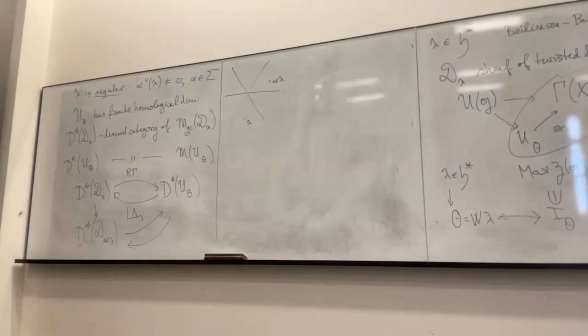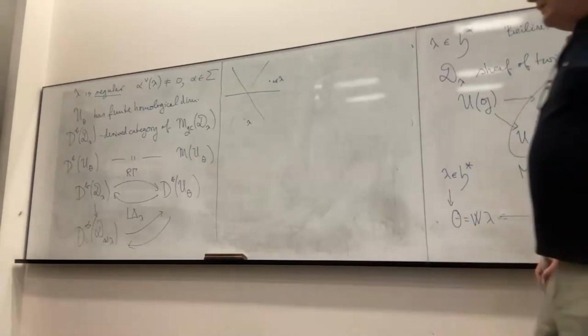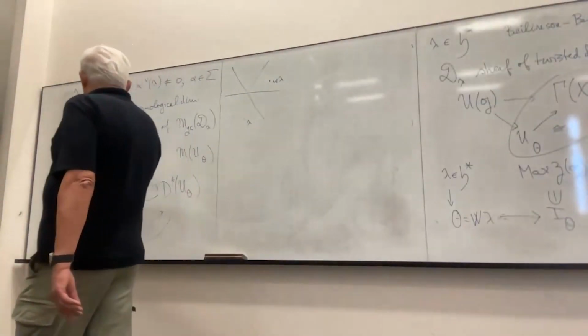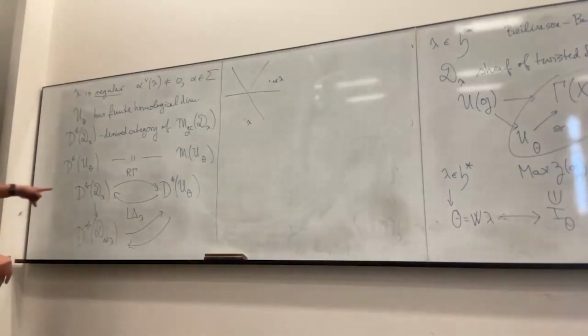And the point is that under some condition on lambda, this intertwining functor is given by a geometric formula. So we know how to go from here to here via geometry, and if there is time, I will discuss this later.